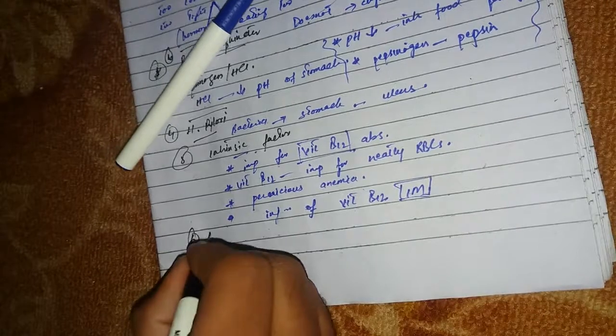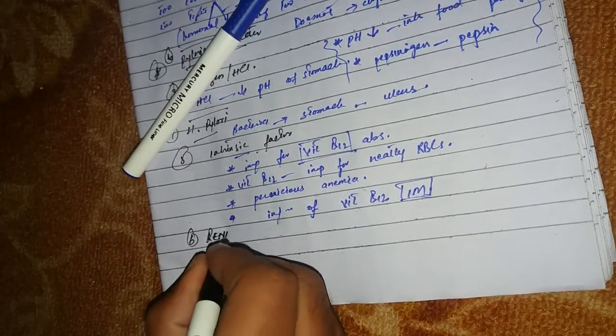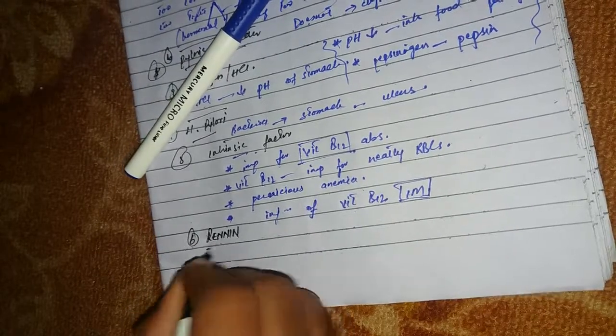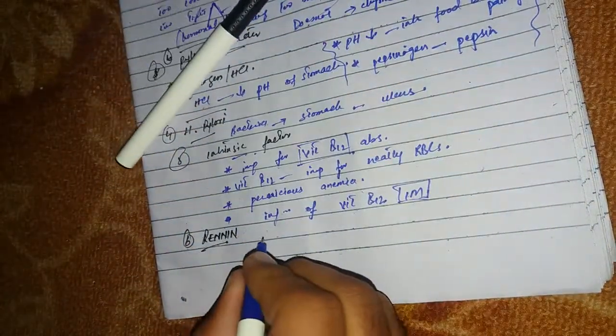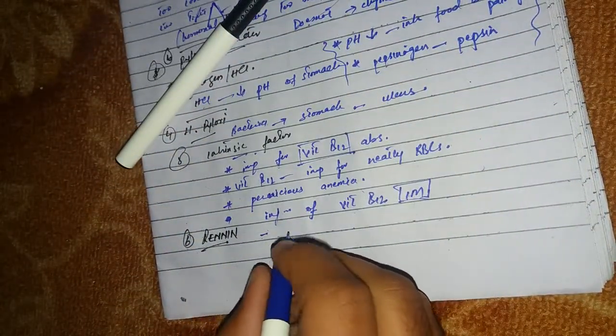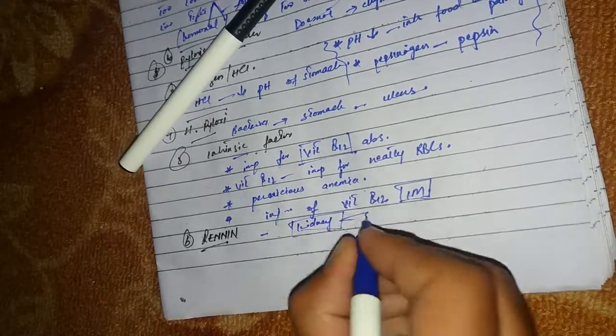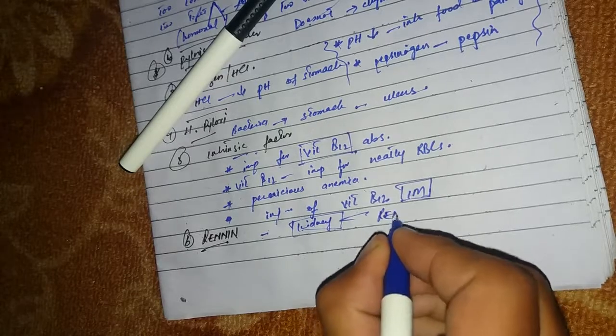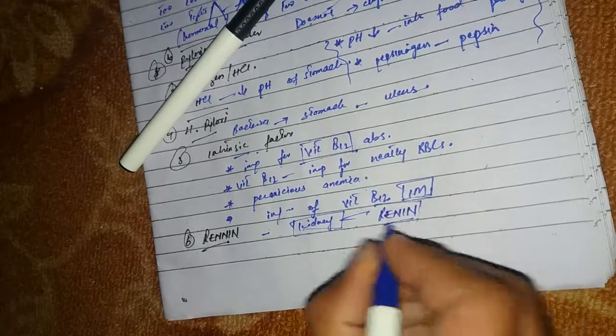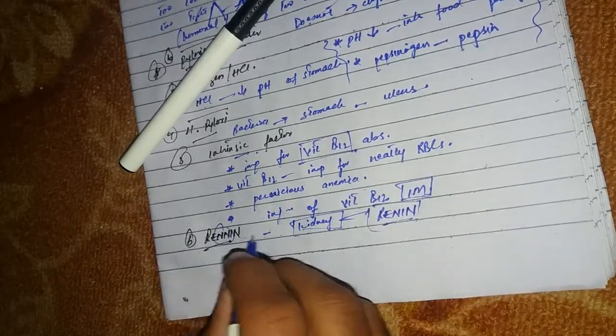Next is renin, and that is not the renin you are familiar with. That is the other one, the kidney releases renin, but there is also double N rennin.